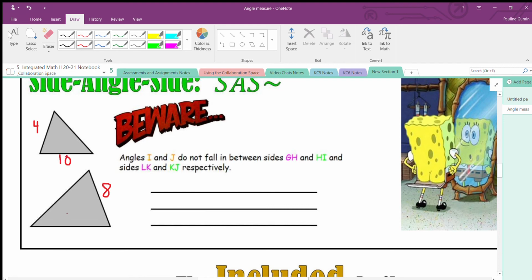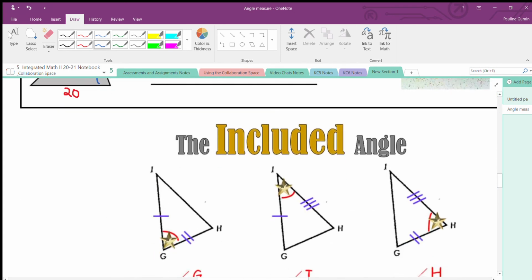That's 10, that's 20, okay, two proportional sides. But we have, let's say, 40 degrees right here and here. That doesn't work. Our angle should be in between the two sides. So that's the included angle. Look at how much nicer that looks without me having to write it down.